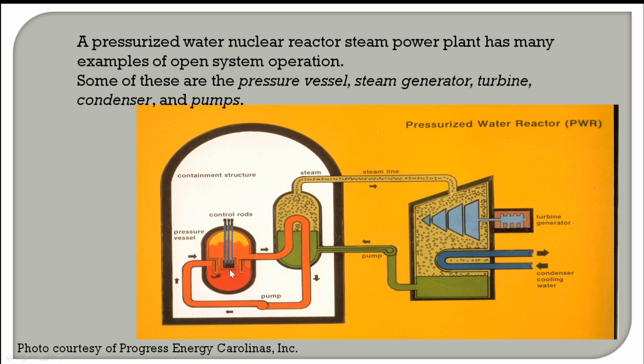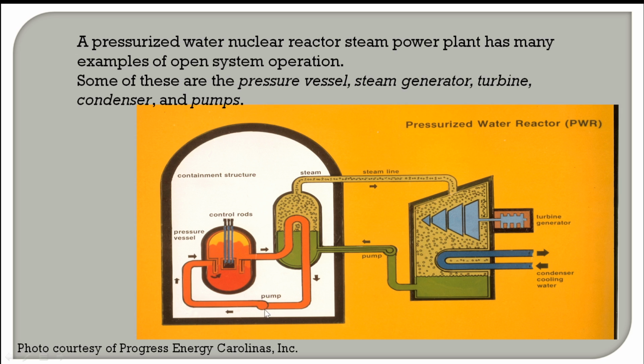Heat will be transferred from the nuclear reactor to the water in this pressure vessel. Then in the boiler or the steam generator, that heat will be utilized by the water to produce steam. Everywhere, whether in the pressure vessel or in the steam generator, there is mass inflow as well as outflow.